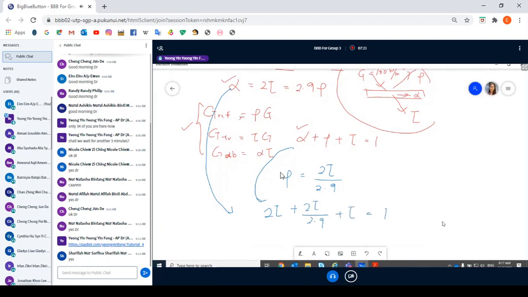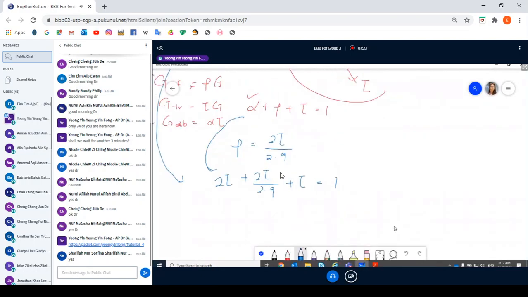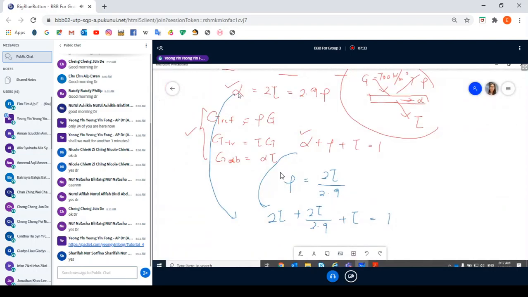So you just find one unknown first. I find the transmissivity first. It can be done many ways. You could put all the unknowns in absorptivity, or find the reflectivity first, but in my case, I want to find the transmissivity first.